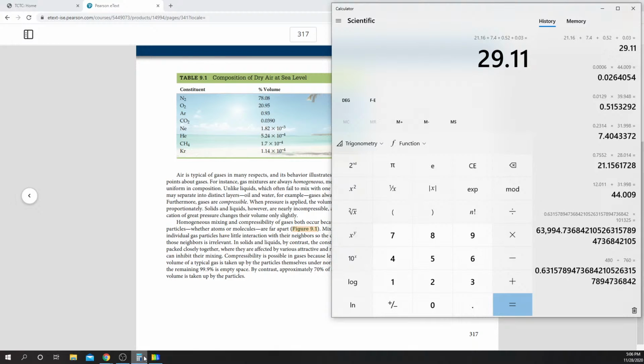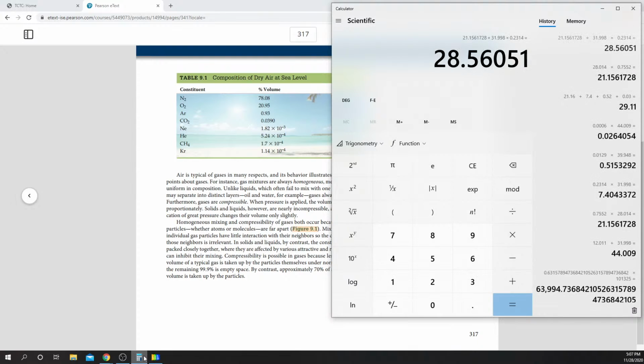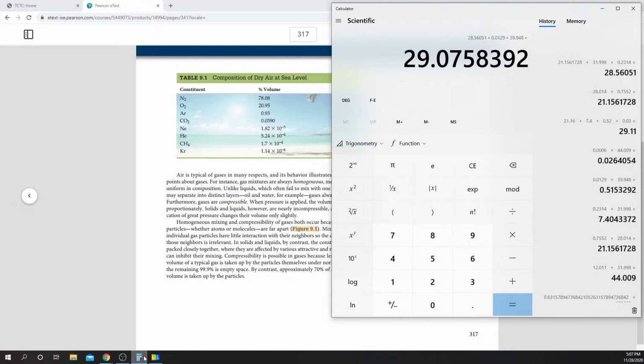So let's see. 28.014 times 75.52% plus 31.998 times 23.14% plus 0.0129 times 39.948.